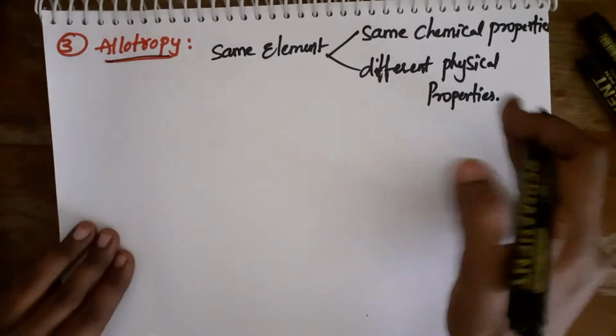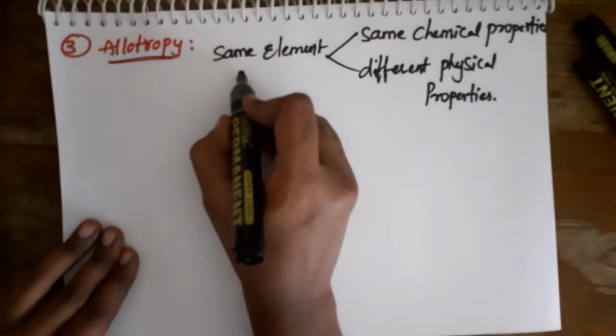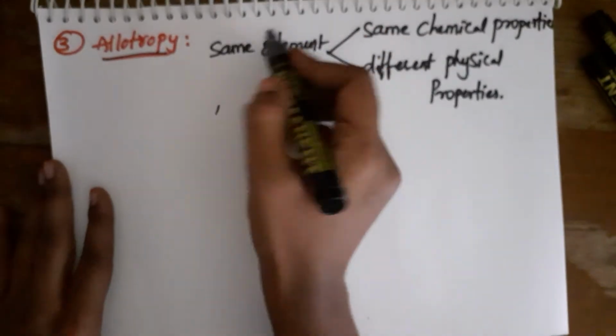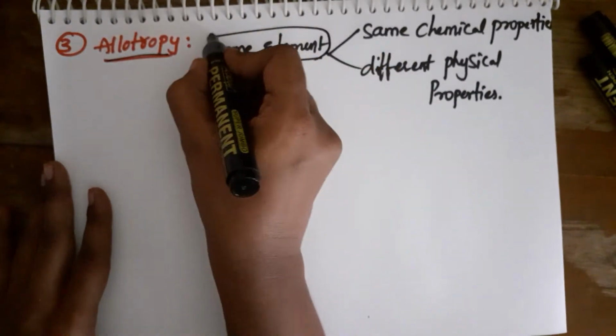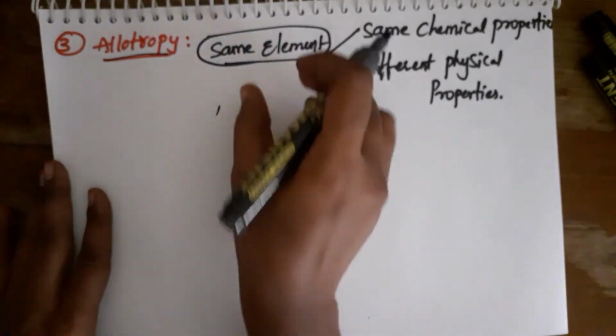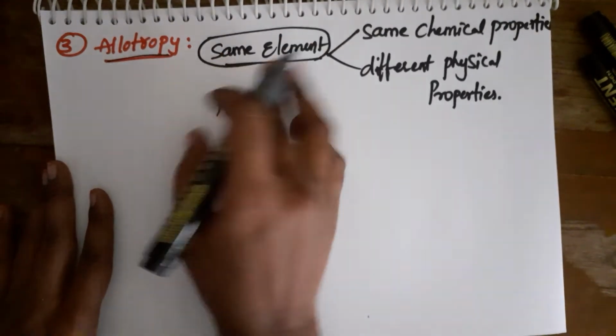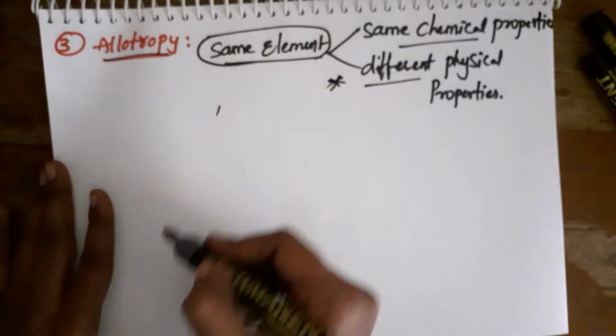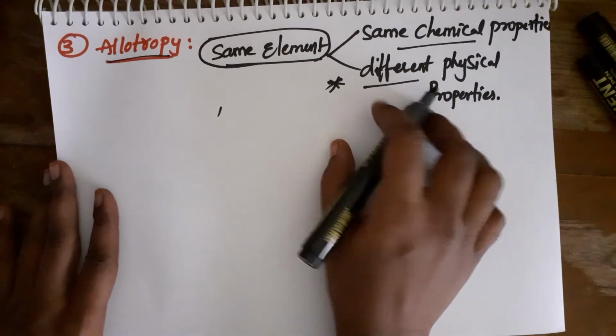This property is called allotropy. Allotropy is nothing but the same element showing the same chemical properties and different physical properties in different compounds. The element can form so many compounds. The composition of the element is the same, and it shows the same chemical properties but differs in physical properties. That tendency is called allotropy.